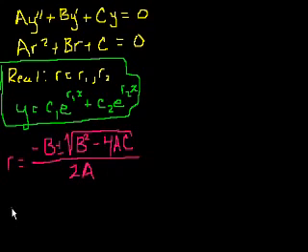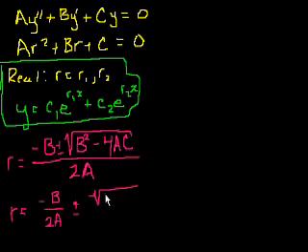We could rewrite this as the roots are going to be equal to minus b over 2a plus or minus the square root of b squared minus 4ac over 2a. And if b squared minus 4ac is less than 0, this is going to be an imaginary number.